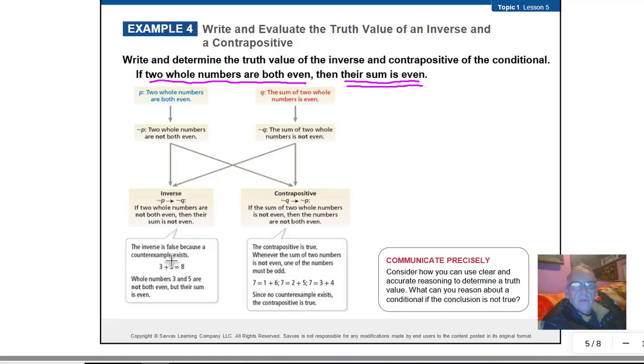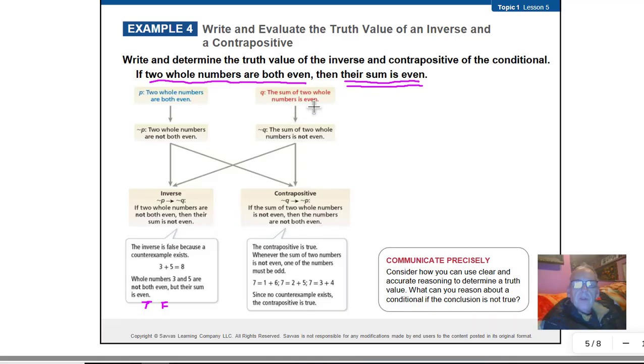And the conclusion of the inverse says their sum is not even, while the hypothesis says they're not both even. That makes this false. You've got true for the if part, they're not both even, but yet you have false for the second part. The conclusion would be their sum is not even.